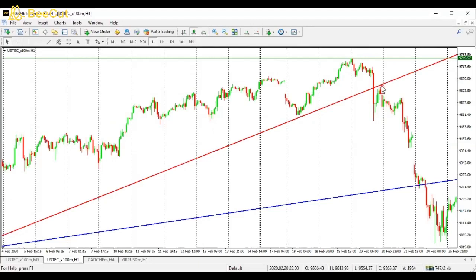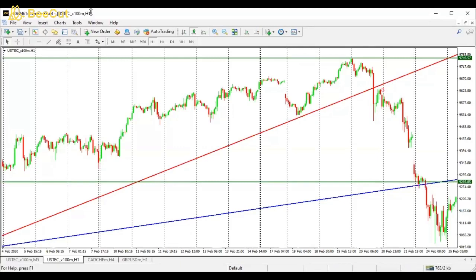So when we see these tails being formed along the broken trend line, that's when we enter a sell. We sell until the next trend line, which is our D1 trend line. In this case, our take profit would have been right here at this D1 trend line, and our stop loss is right above the broken trend line.